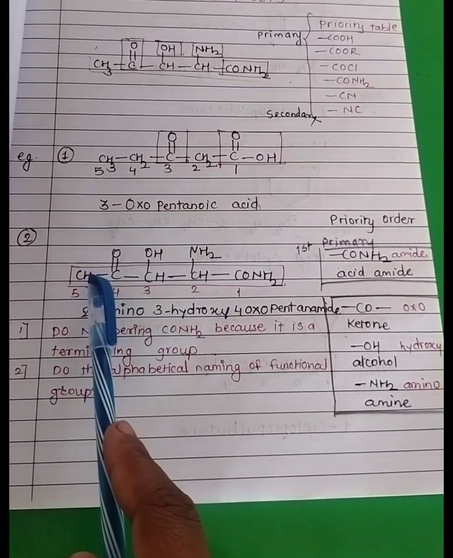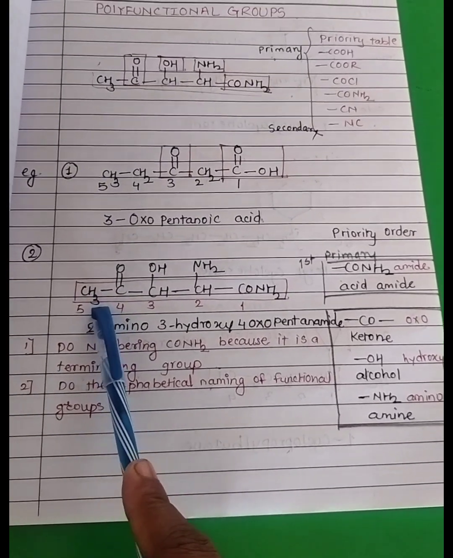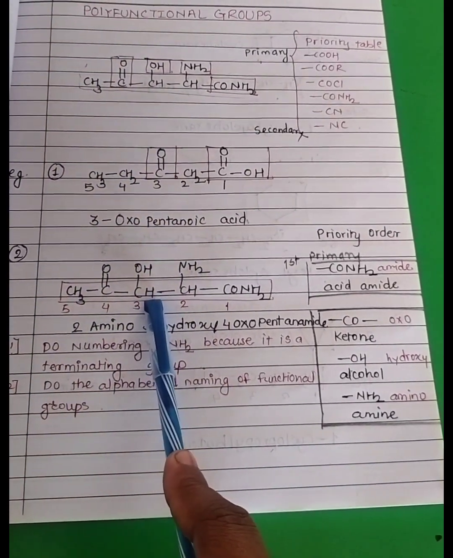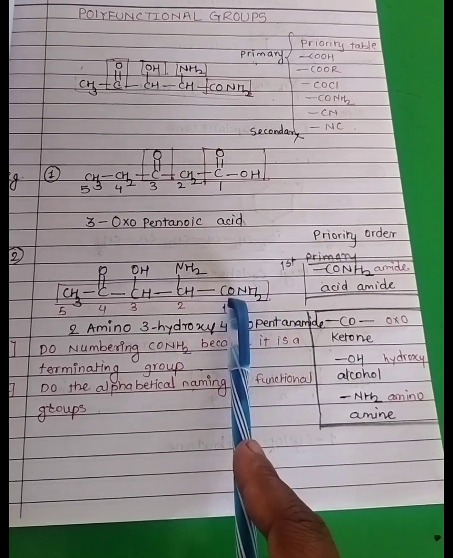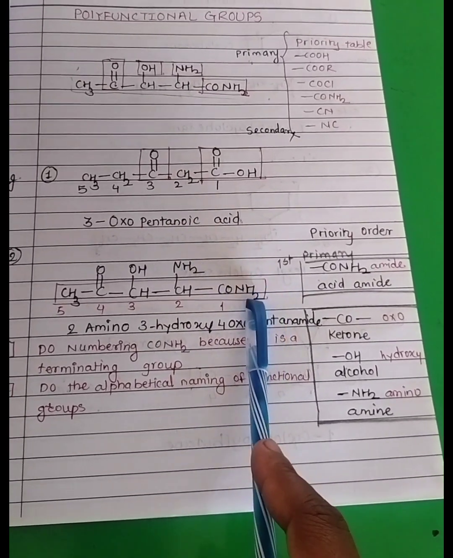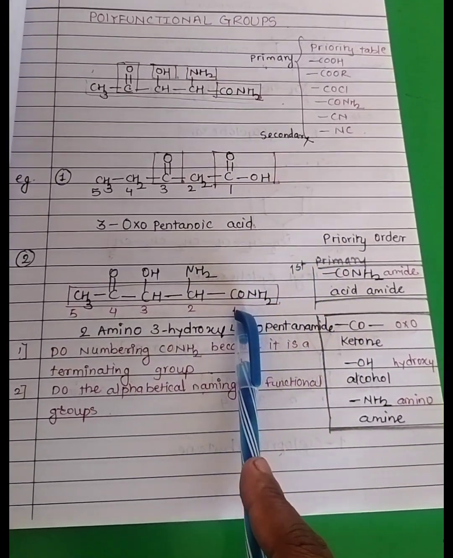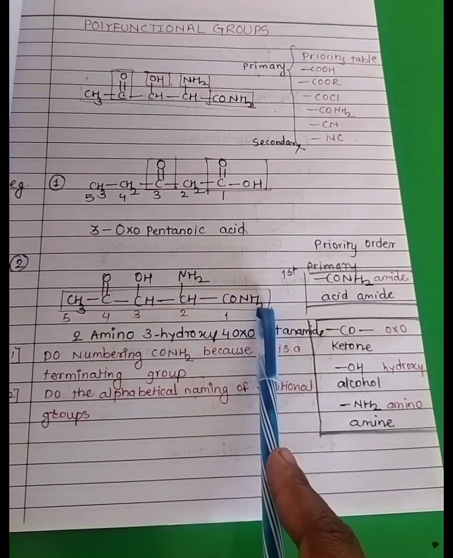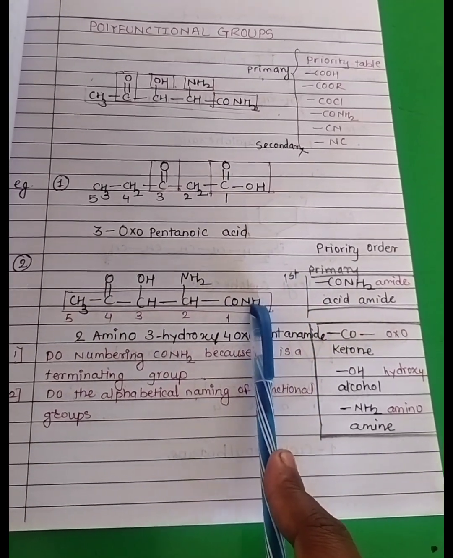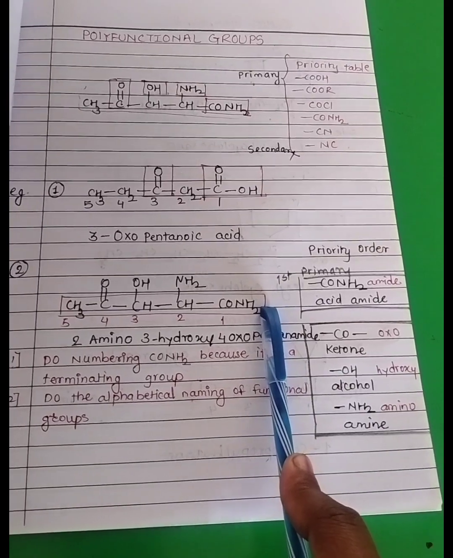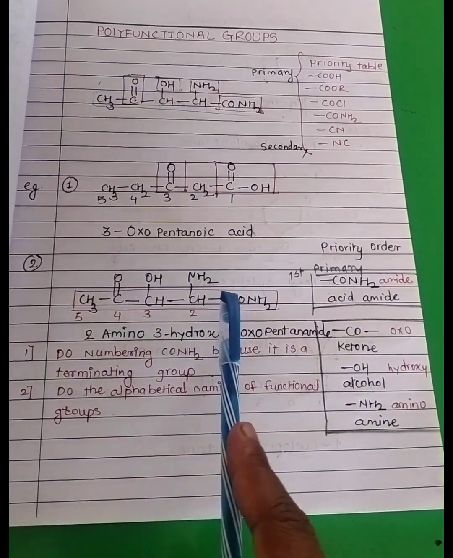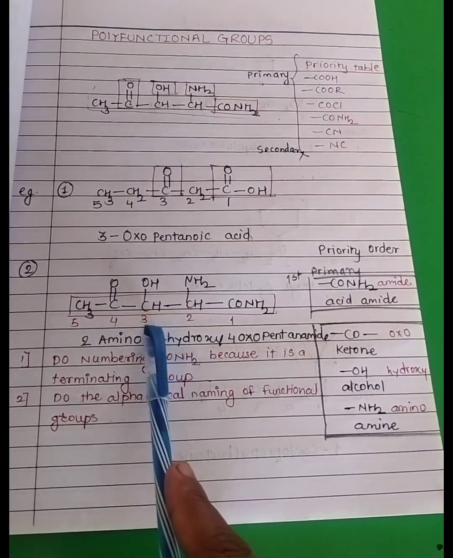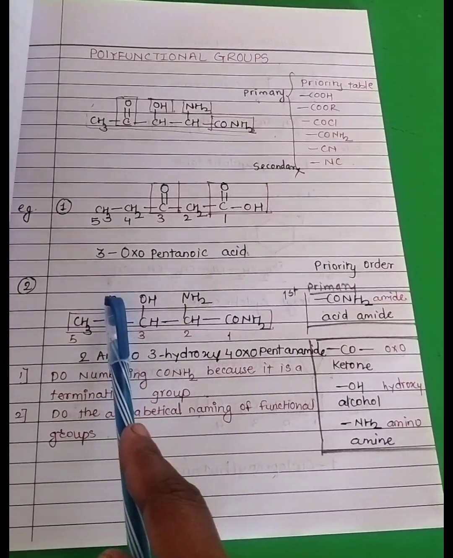Amino, hydroxy and oxo are secondary, and the CONH2 functional group, according to the priority order, is the primary. So the naming of this compound is 2-amino, 3-hydroxy, 4-oxo.